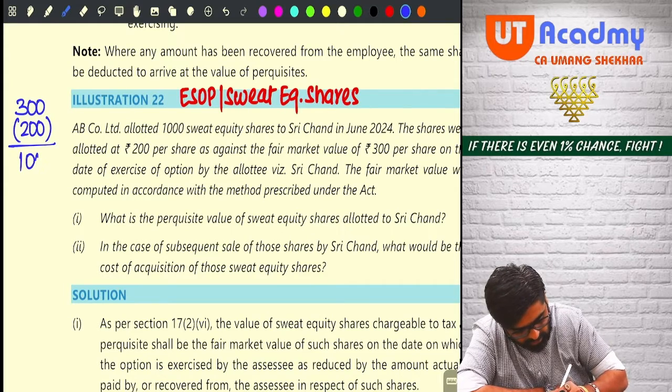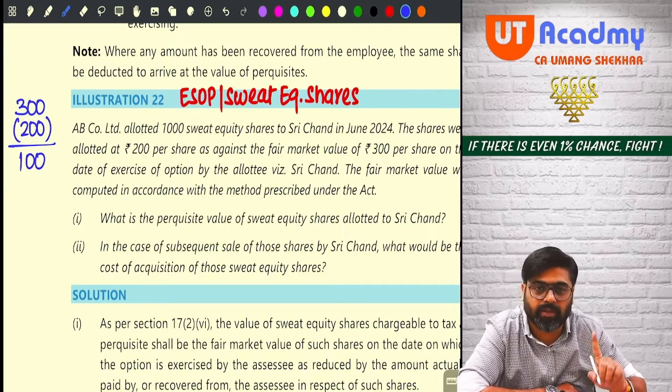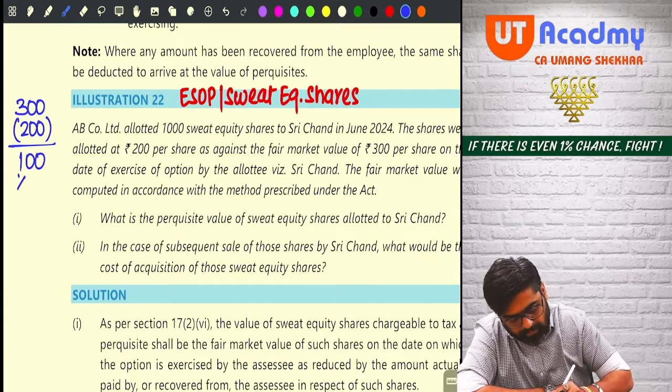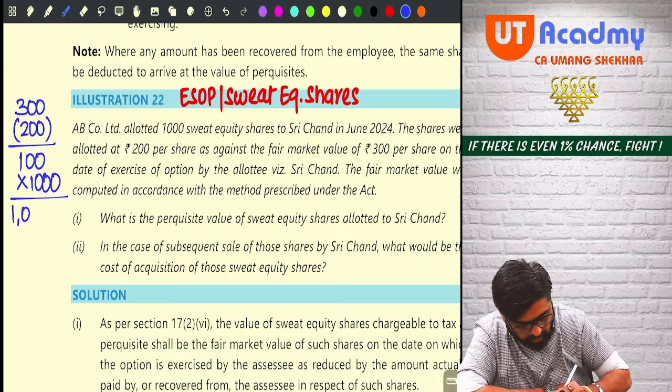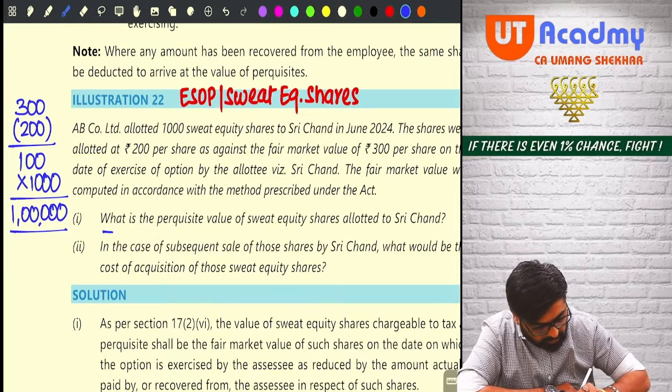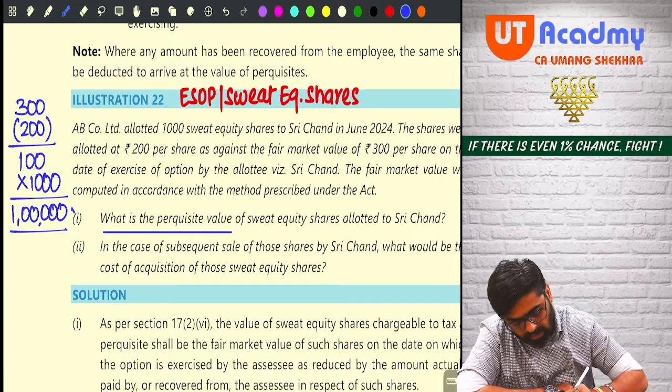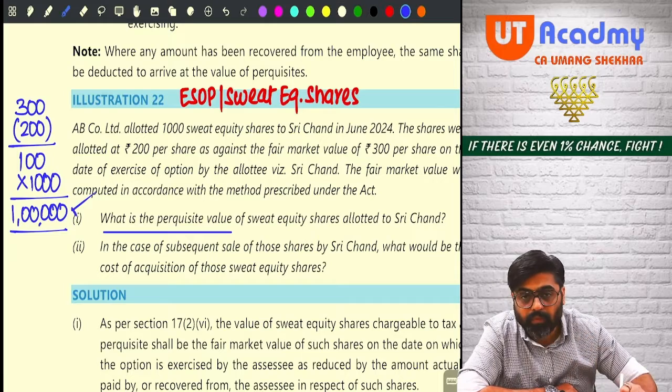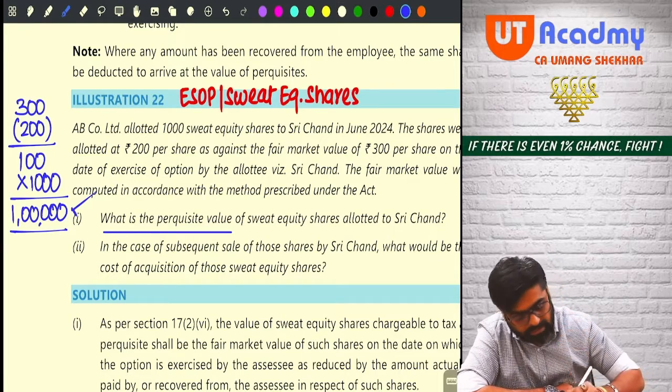So total will be 100 per share. This 100 per share will be your benefit, multiplied by 1000 shares. You are going to get 1 lakh rupees as the perquisite. What is the perquisite value? Sir, 1 lakh is the perquisite value. Yes or no? And when will this 1 lakh be taxable?